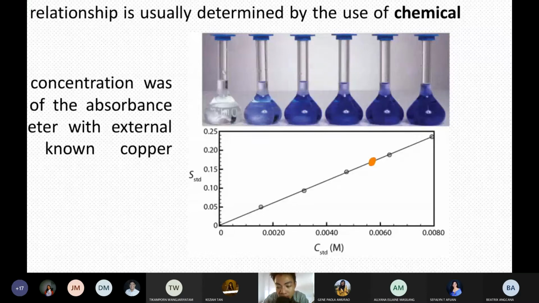Since I already know my instrument response, I can compute the concentration of copper in my solution. How? You're just going to extrapolate data.